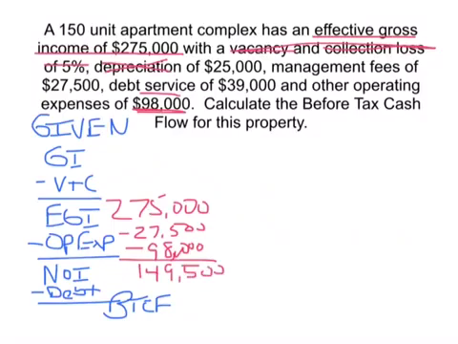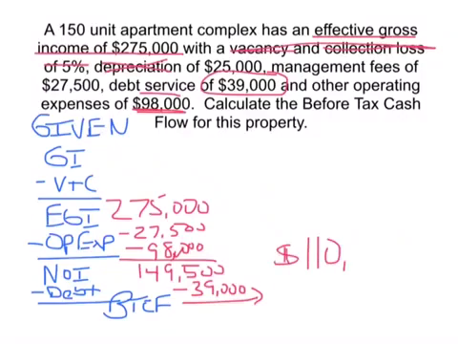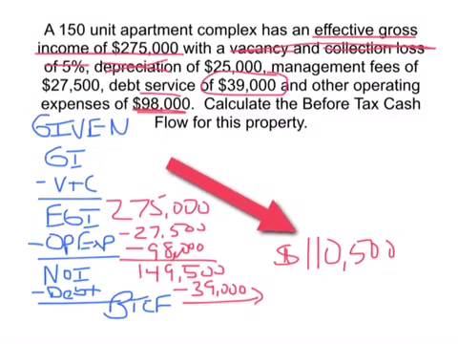From here, we can back out the debt service of $39,000. When we do that, we get a before tax cash flow of $110,500. And so right there, we have our answer, $110,500.